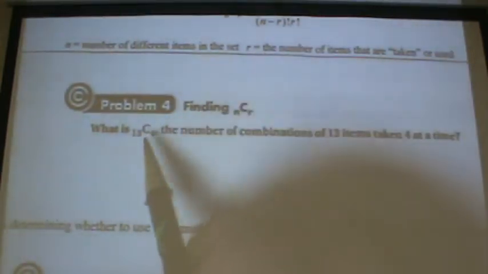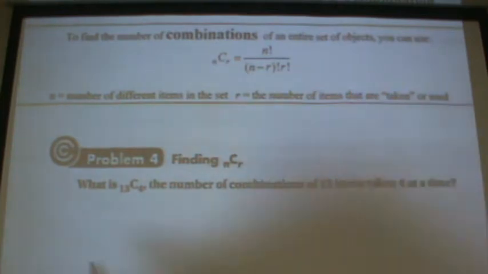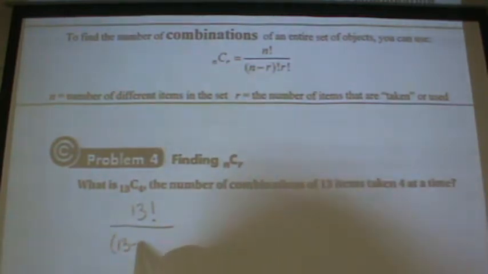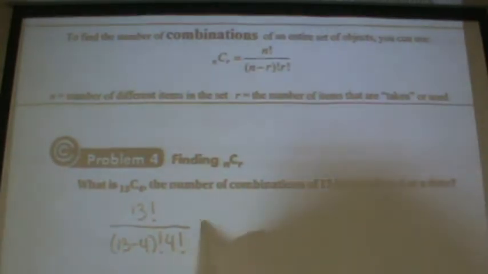If we wanted to write this like it is in the formula, you would have 13 factorial over 13 minus 4 factorial times 4 factorial. And then you can simplify the bottom.